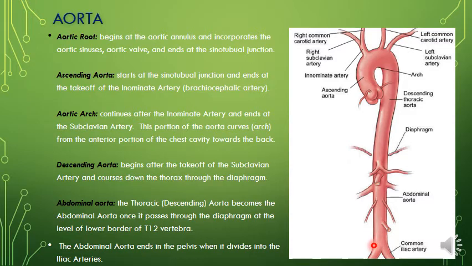The abdominal aorta ends opposite the body of the L4 vertebra by dividing into two common iliac arteries, right and left. So these are the parts of the aorta.